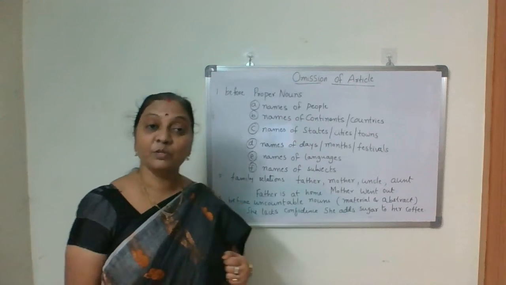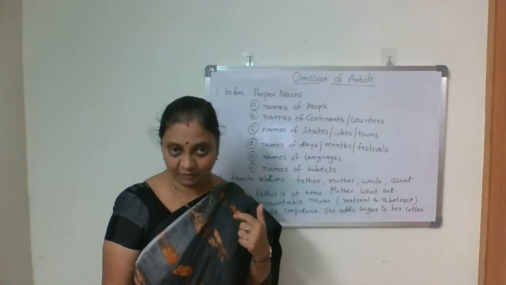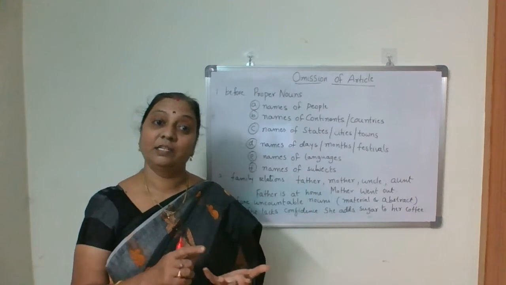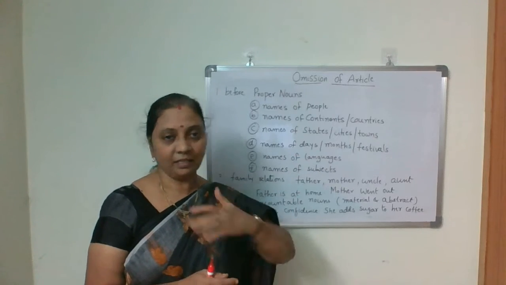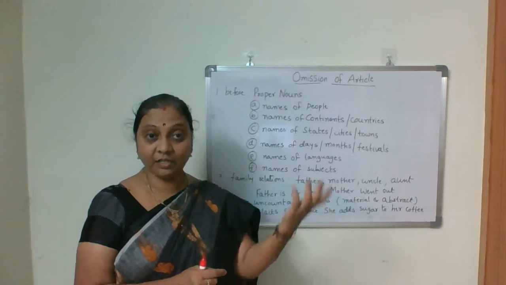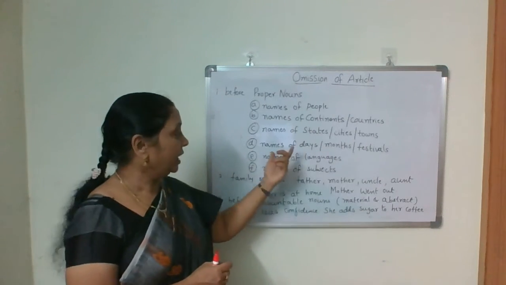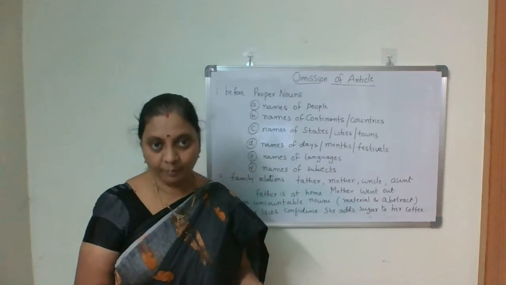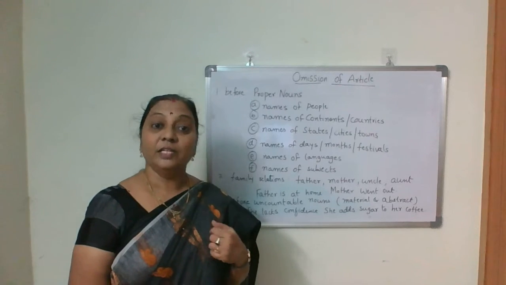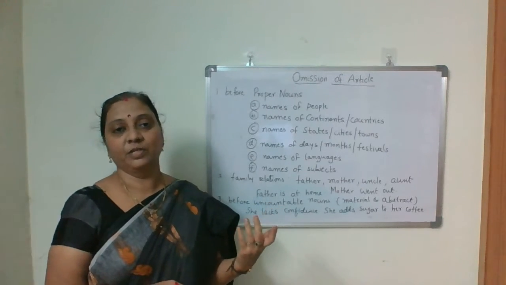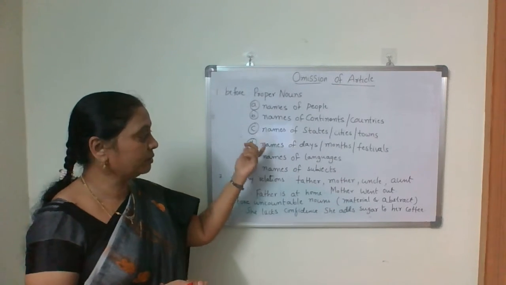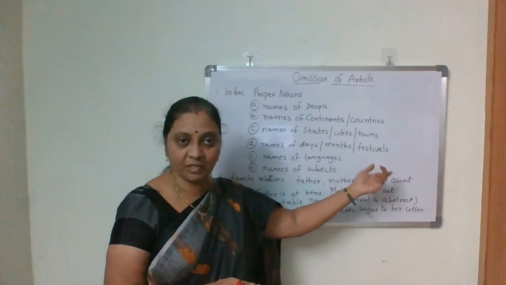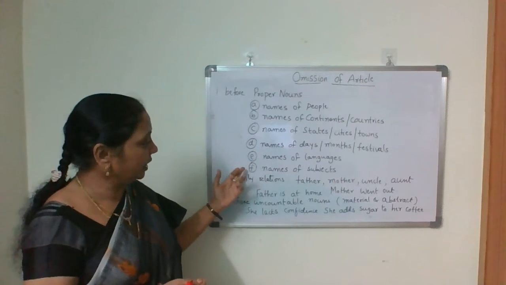The names of days, months, and festivals. Like Friday, Saturday, you never say the Monday, or the January, the February. So names of days, months, and festivals like Diwali, Pongal, or Dashera, before that you never use any article.